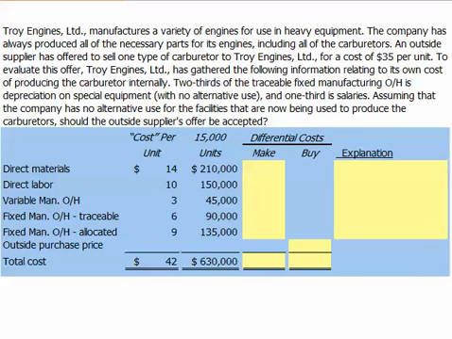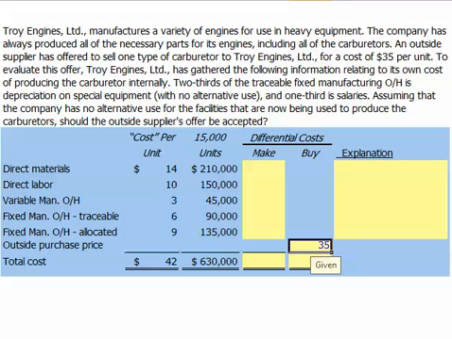Let's consider another example. Troy Engines Limited manufactures a variety of engines for use in heavy equipment. The company has always produced all of the necessary parts for its engines, including its carburetors. An outside supplier has offered to sell one type of carburetor to Troy Engines for a cost of $35 per unit.